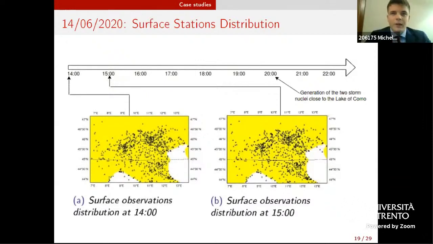Yes, at the beginning, for the first event, we tried to use only the Meteonetwork stations existing only in the region of Lombardy, for example. And for the first event, the forecast was improved. I mean, the two storm nuclei were predicted also in that case.